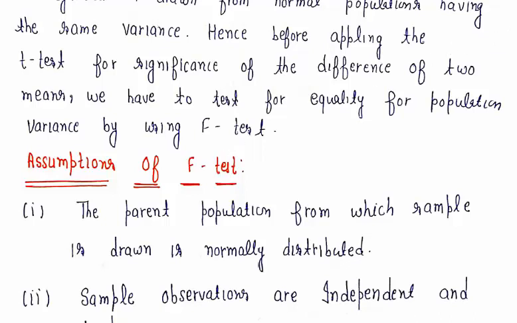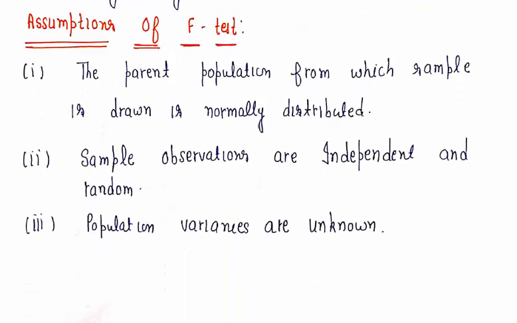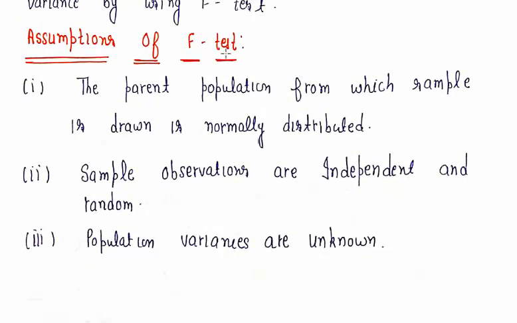Now there are some assumptions of the F test. First assumption is that the parent population from which the sample is drawn is normally distributed. That means the population from which we take the samples is normally distributed.